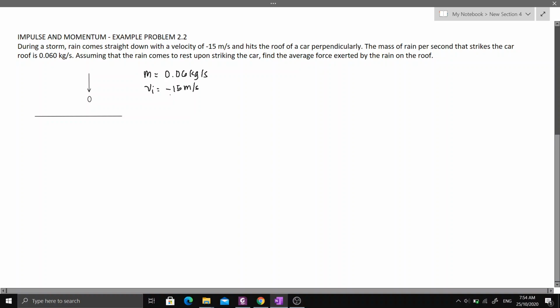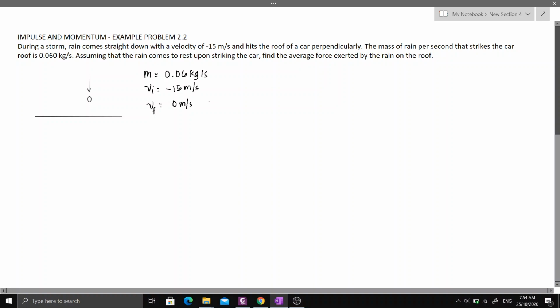So, this is negative since it is directed downward. And for the final velocity v sub F, that is equal to 0 meters per second because it will come to rest upon striking the roof of the car.